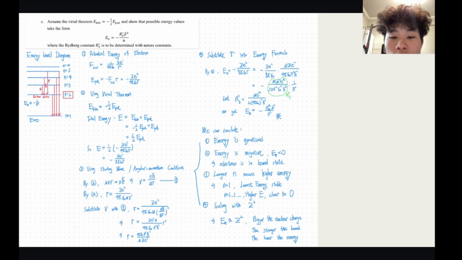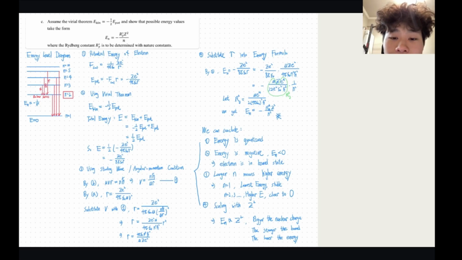And now we know that the energy is minus mu z squared e to the power 4 over 32 pi squared epsilon naught squared h bar squared times 1 over n squared.